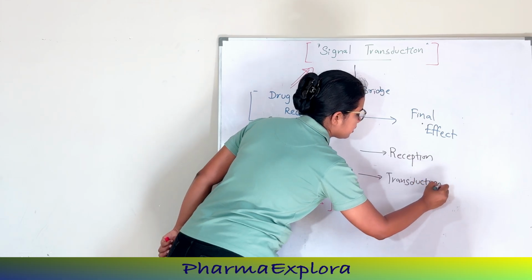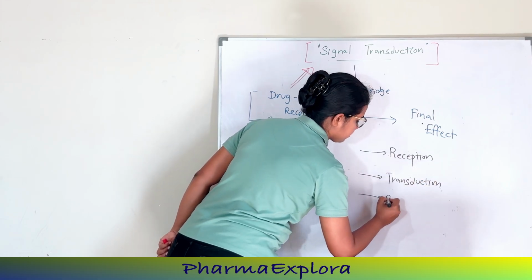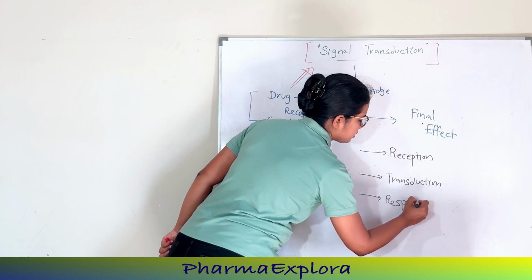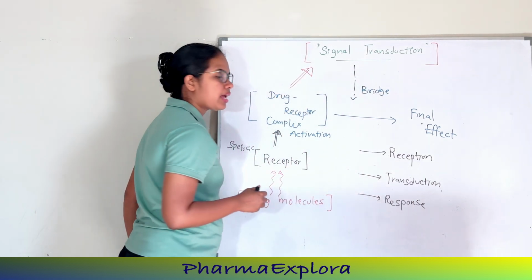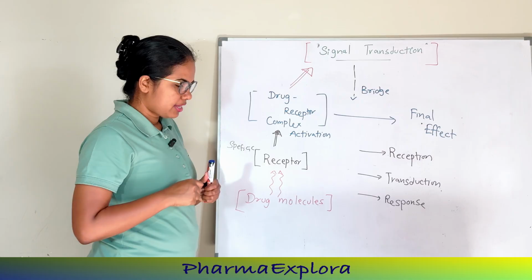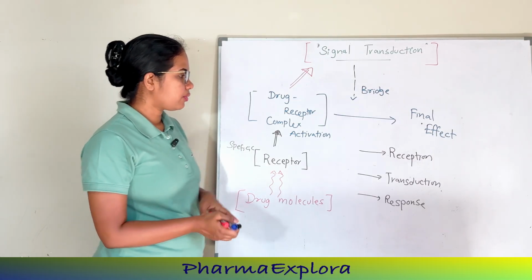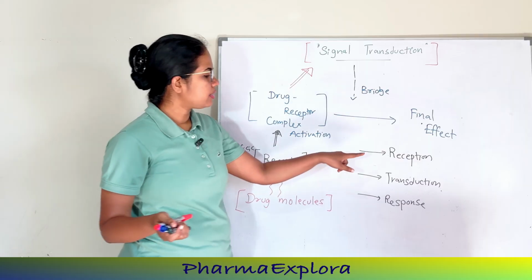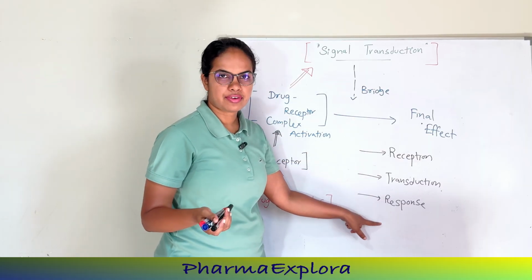And the third one, response. So, a relay race which consists of 3 steps: reception, transduction and response.